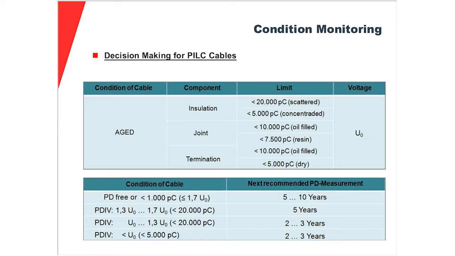And if your inception voltage is at rated voltage or below, with an amount of lesser than 5000 picocoulomb or 5 nanocoulombs, then again redo it after 2 to 3 years. If your amount of partial discharge is above 5 nanocoulomb, then we would advise you to do it annually, just to see the trend, how far or how fast is the PD activity increasing in this particular circuit.